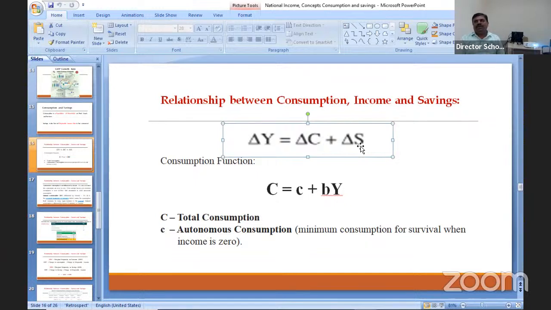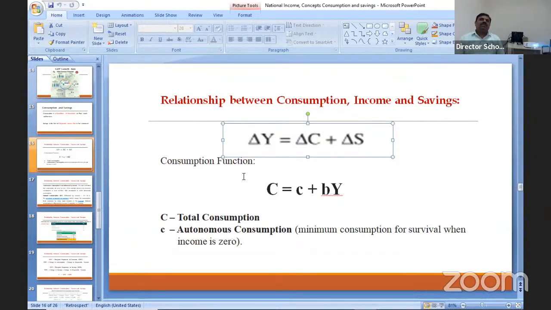So 80 plus 20 becomes the total income. The consumption function is related to consumption, and onwards we will discuss the savings function that is related to savings.